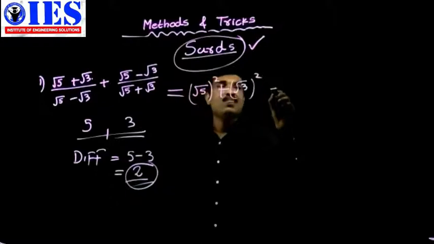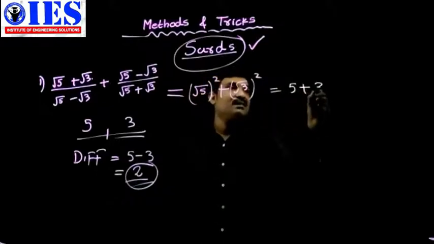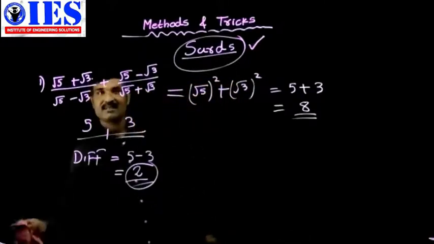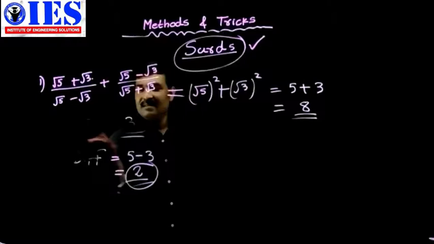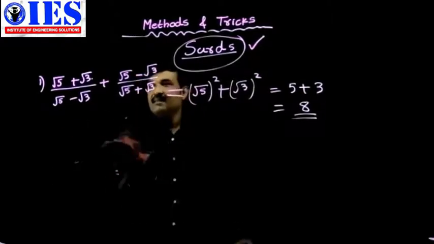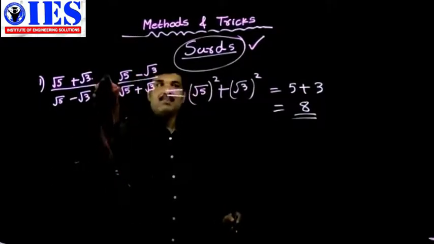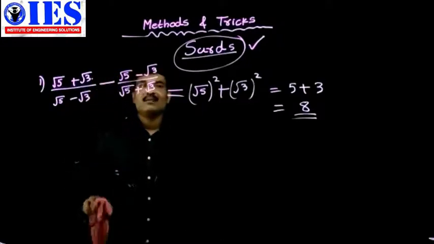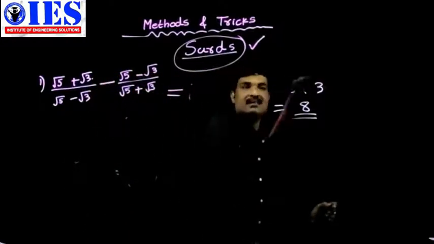This is equal to 5 plus 3, which is equal to 8. Now, suppose I replace this plus by minus. Then what may be the solution?